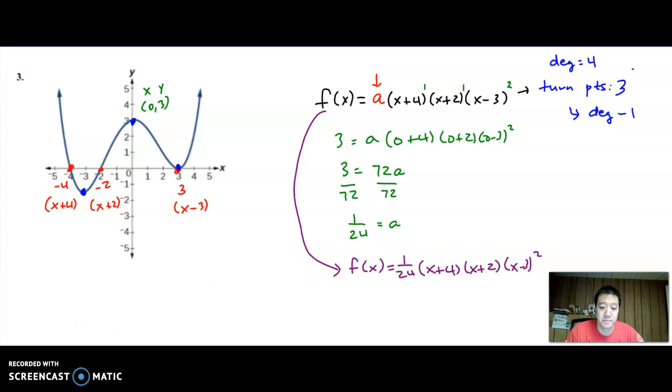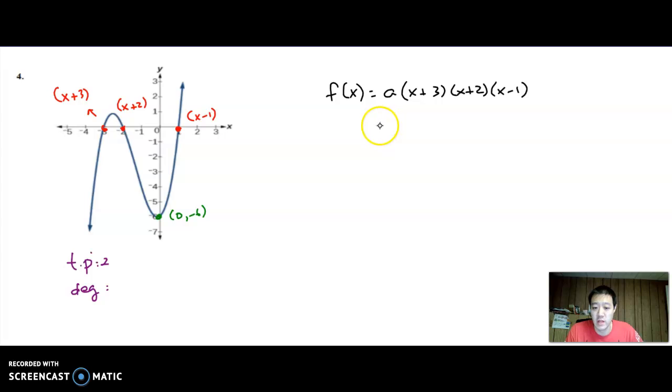All right, so for number 4, this is the last one I'm going to go over. I started it for you here, all of the x-intercepts and the factors. The y-intercept. There are 2 turning points, here the peak, and then the valley.